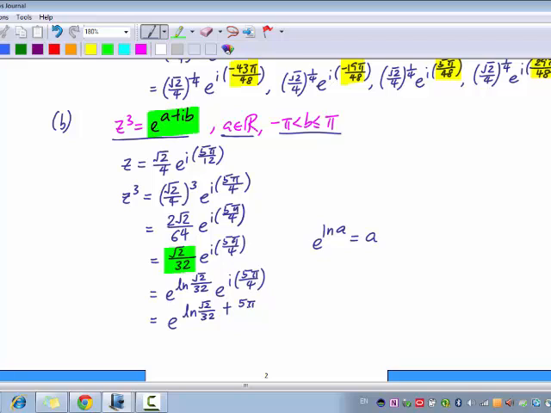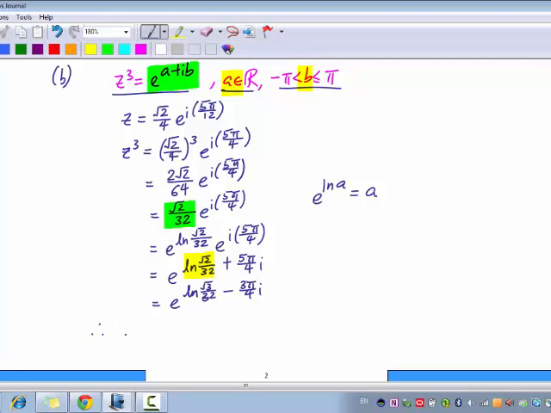But hold it. a is a real number. That is true. But b is not between negative pi and pi. Oops. So we have to reduce it by 2 pi to get negative 3 pi over 4.